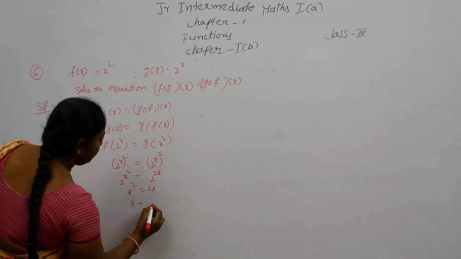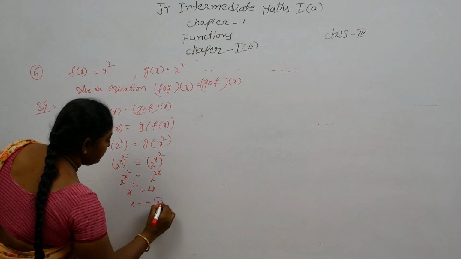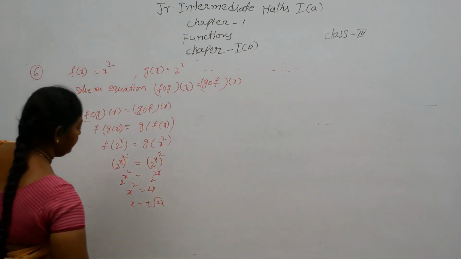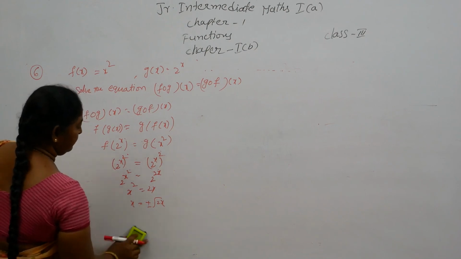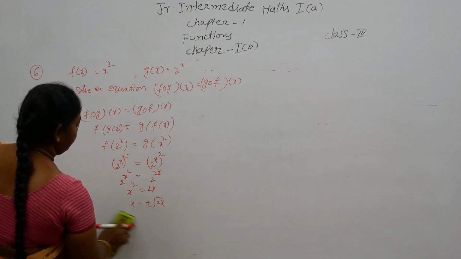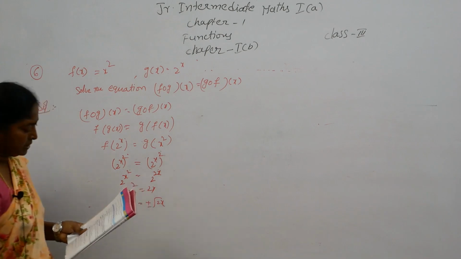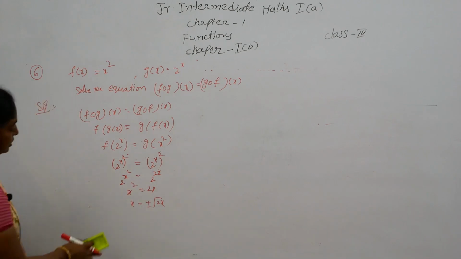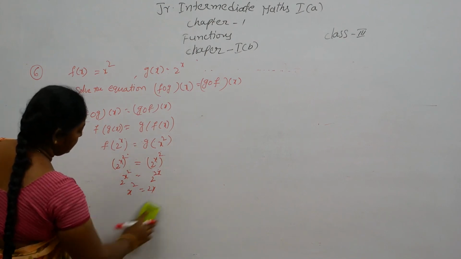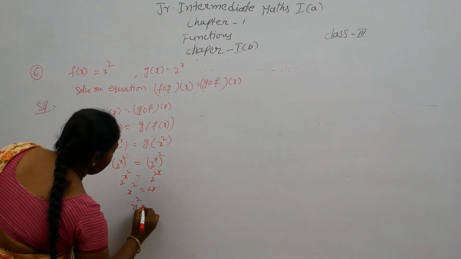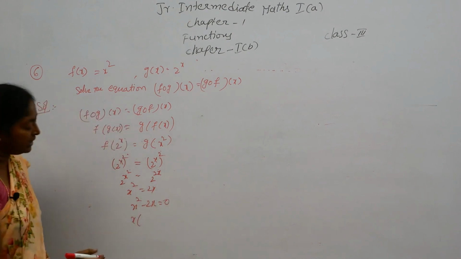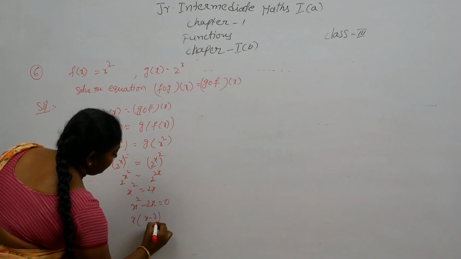So x square minus 2x equals 0. Taking x common, x into x minus 2 equals 0.